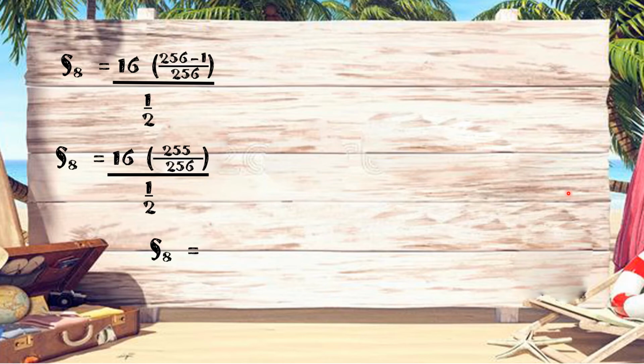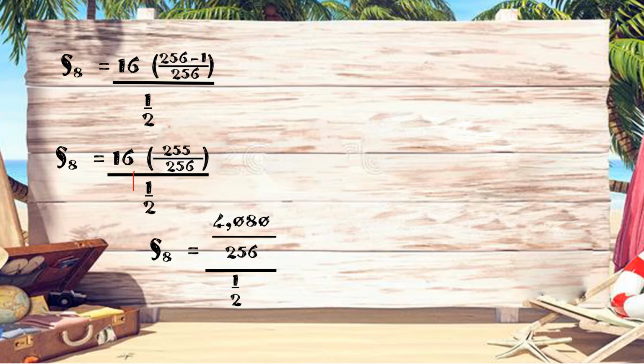And then we have S sub 8 is equal to 16 times 255 is 4,080 all over 256. Yun lang. Kasi meron siyang invisible na 1 sa ilalim, diba? So, i-multiply lang natin yung taas sa taas. So, again, 16 times 255 is 4,080. And then 1 times 256 is 256. All over 1/2. Ayan.